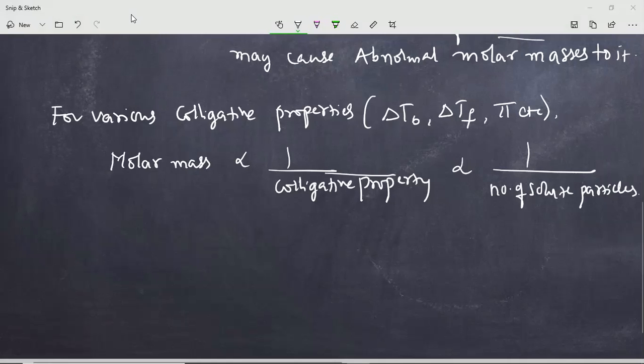If you discuss the association case and the dissociation case separately, you will understand this point. First we will see the association case, molecular association.